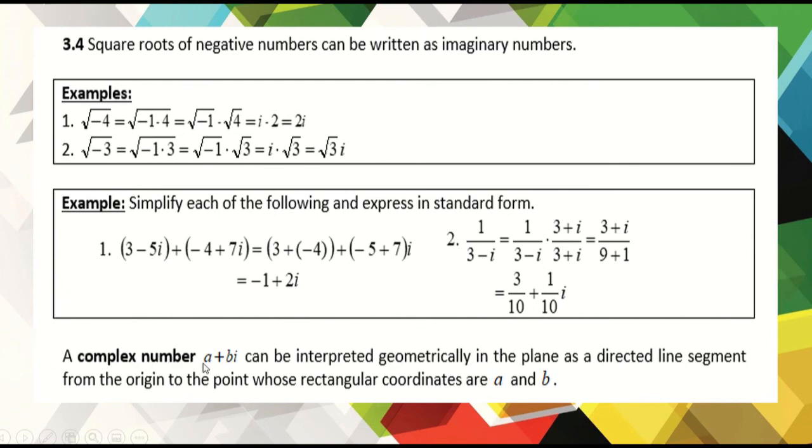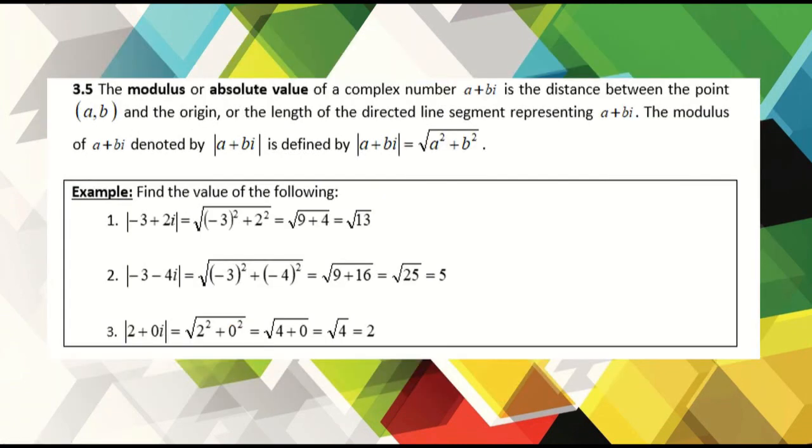A complex number a plus bi can be interpreted geometrically in the plane as a directed line segment from the origin to the point whose rectangular coordinates are a and b. The modulus or absolute value of a complex number a plus bi is the distance between the point a, b and the origin.